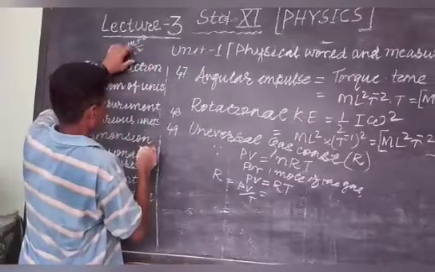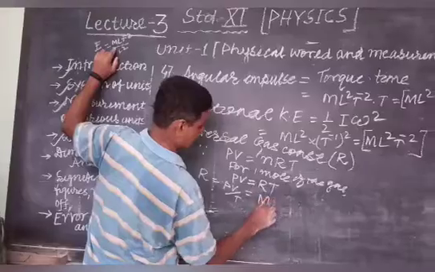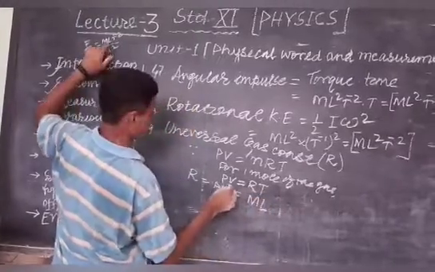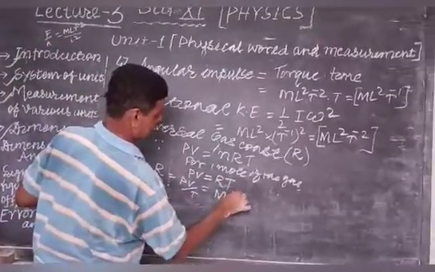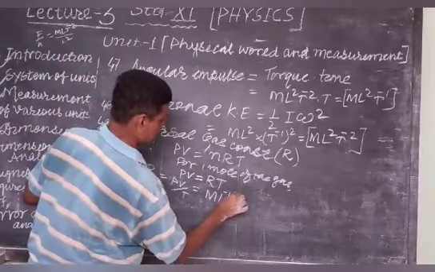This and this cancel. We will write m L to the power minus 1 into T to the power minus 2.